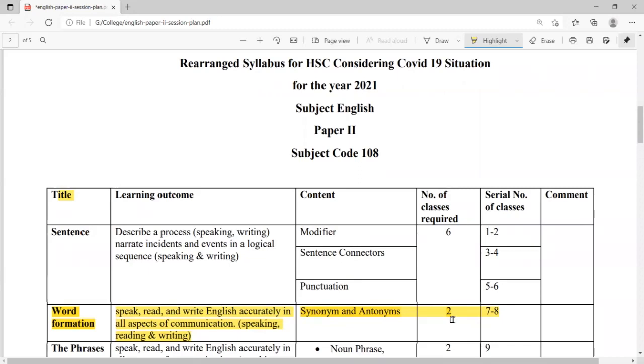And if you go through the topic, and if you also open your book to find out how you should study synonym and antonym, you will find that actually there are not so many rules and regulations on this topic, because this is a part of improving your vocabulary.